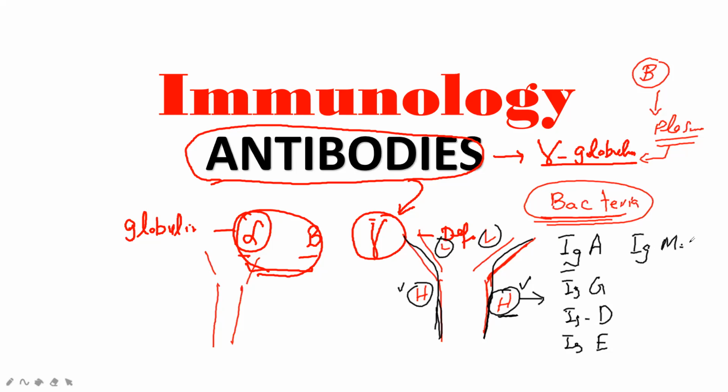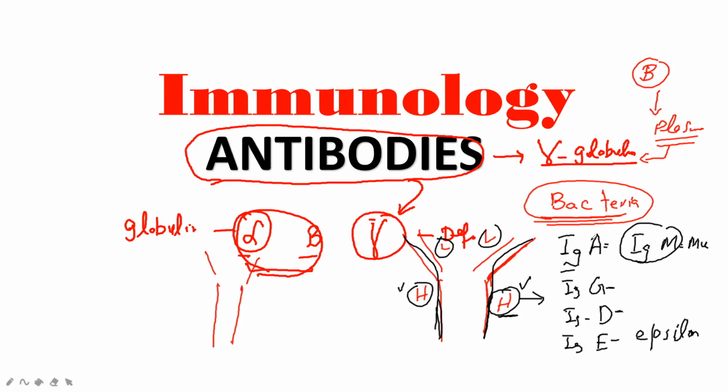M for mu, A for alpha, G for gamma, D for delta, E for epsilon. So we have 5 different types of heavy chain. Understand? According to the variety of heavy chain, we have 5 different types of antibody.